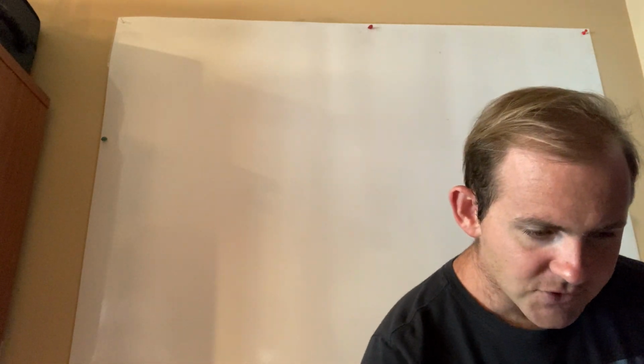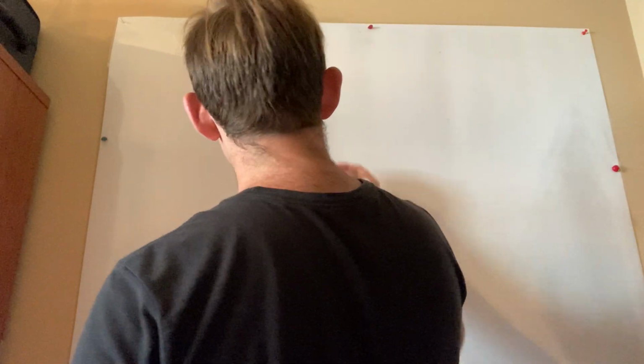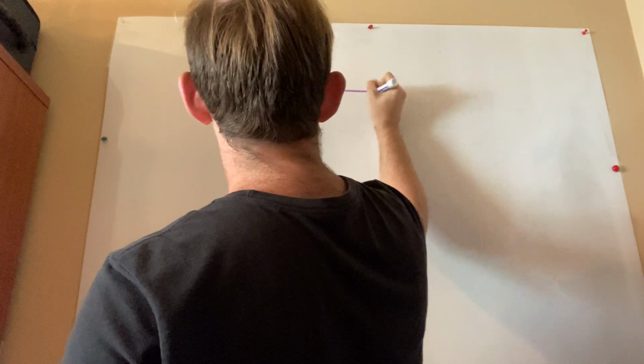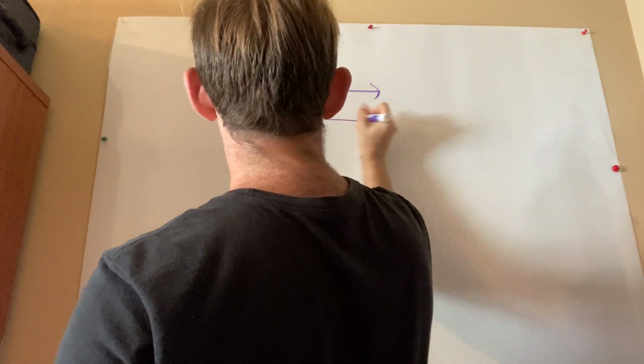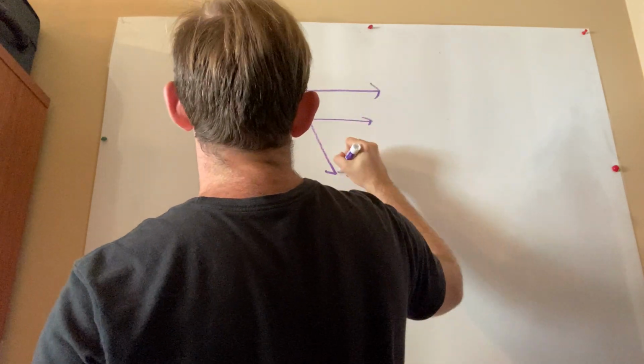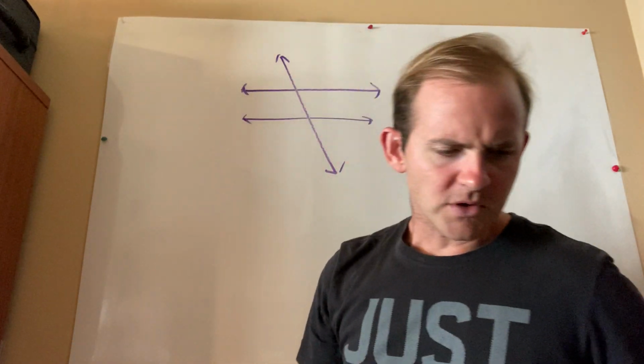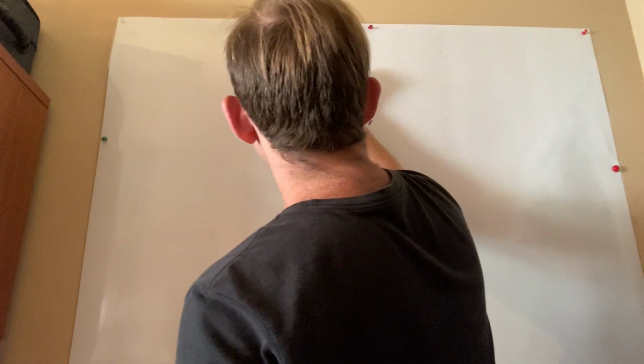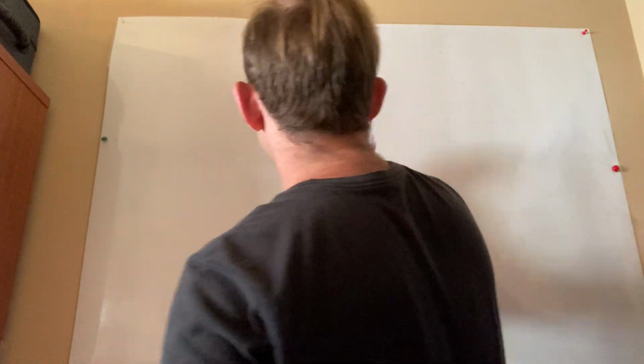Okay, so when we talk about on page 8, the corresponding angles converse, I'm just going to do this really quickly, because it's actually really simple and I think you'll get the hang of it right away. I want you to understand what we're talking about. So corresponding angles converse would basically do something like this.